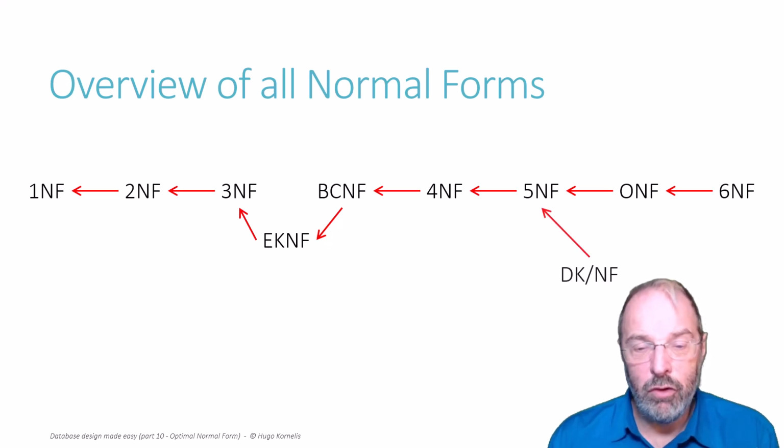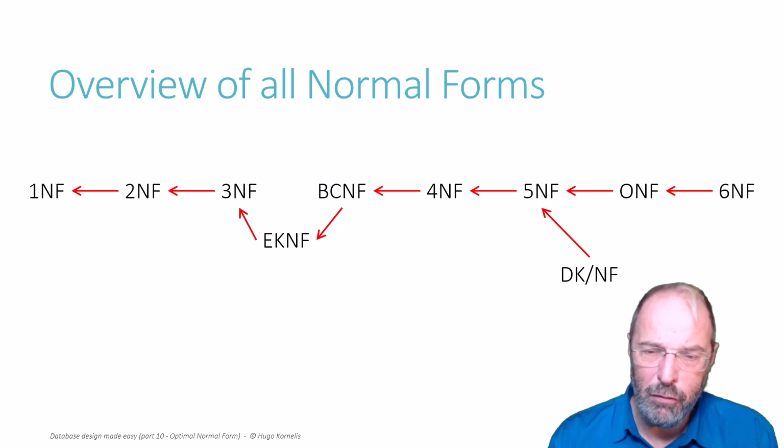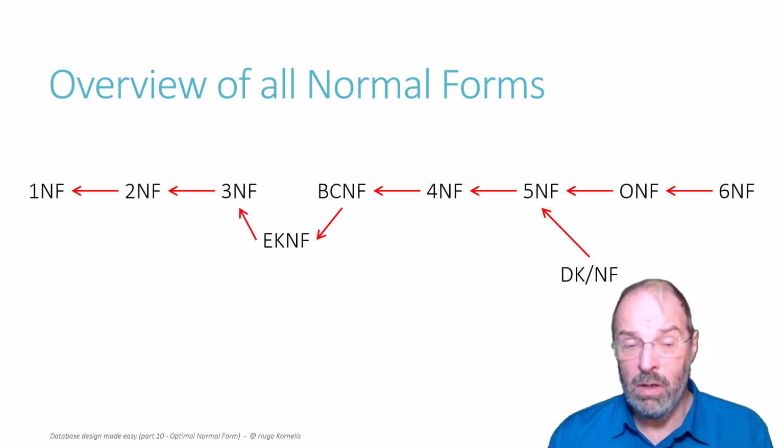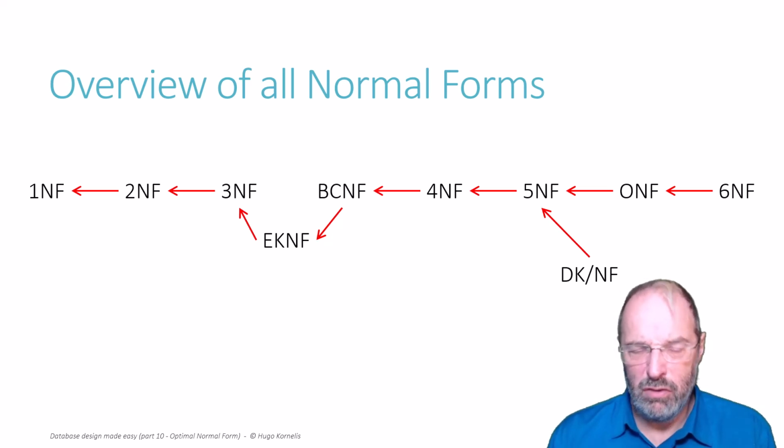And then we have domain key normal form, which does apply fifth normal form with a small footnote, but then is a separate branch of its own, and also is of relatively low interest because in many cases you simply can't achieve it.